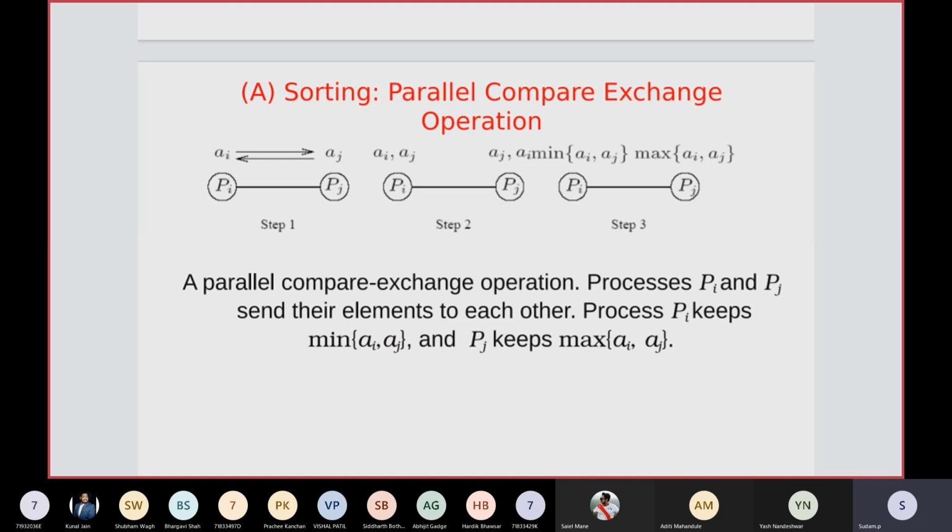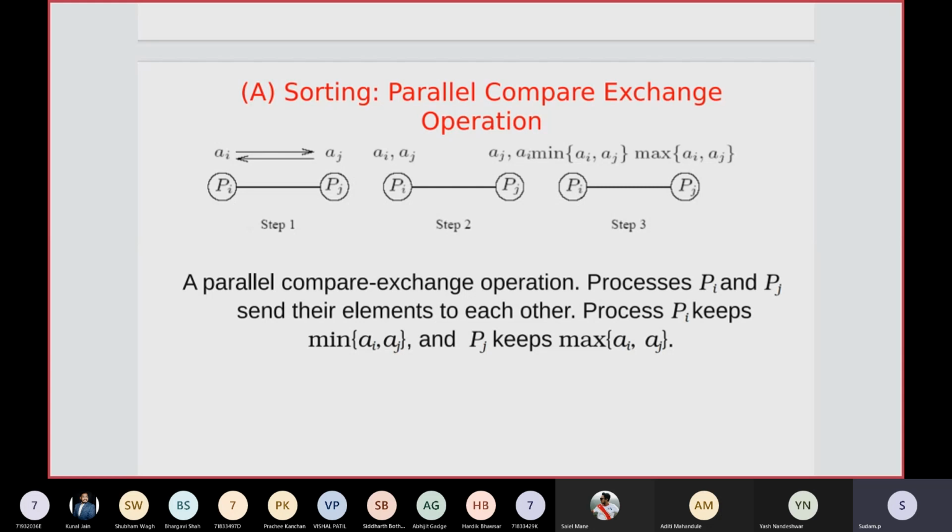In step 1, we perform the compare and exchange operation so that those elements are exchanged between Pi and Pj. So Pi will have both elements Ai and Aj after the exchange, and Pj will also have the elements Aj and Ai, in step 2. In step 3, Pi will merge those two elements and find the minimum of Ai and Aj, and Pj will perform the merge operation on Ai and Aj.